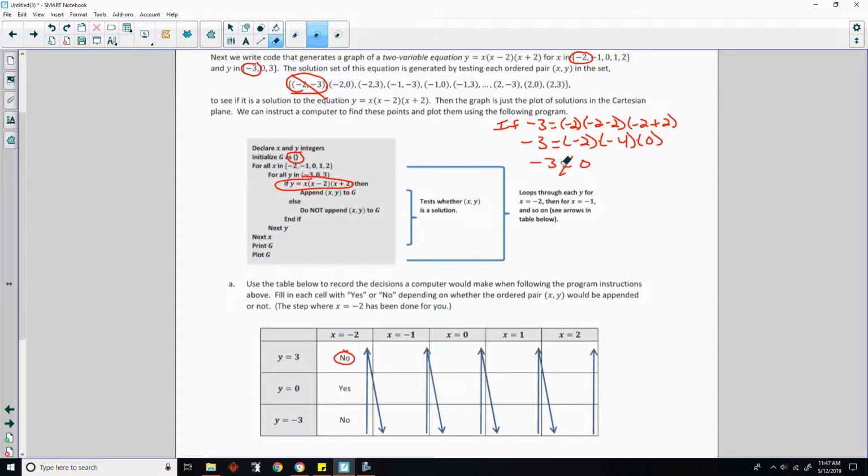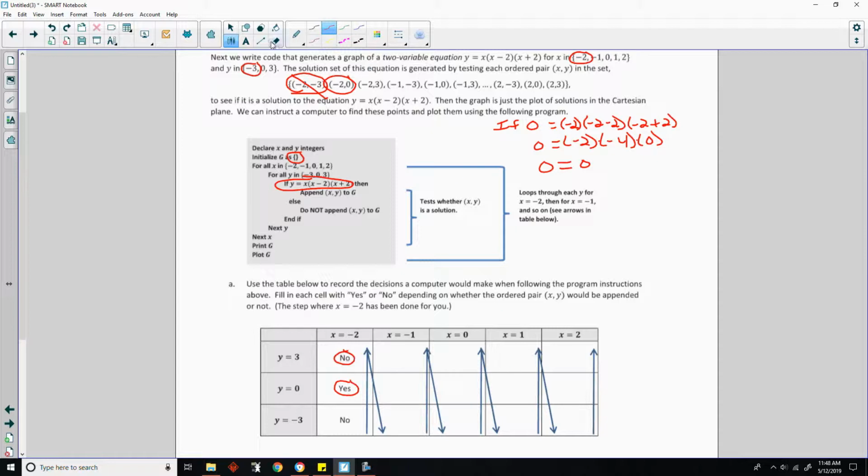So once you do this once, it's really easy. Then you just change the y. So now the y is leaving x at -2, which we've already calculated, and putting y in as 0. And when I do this, well, guess what? That is equal. So it's yes.